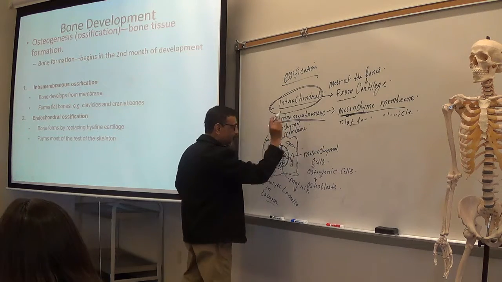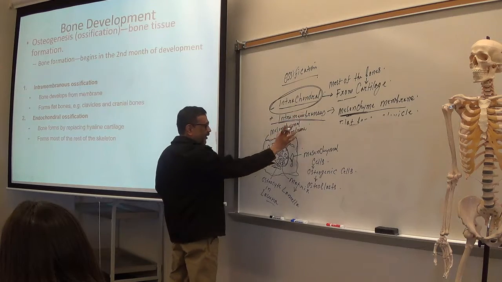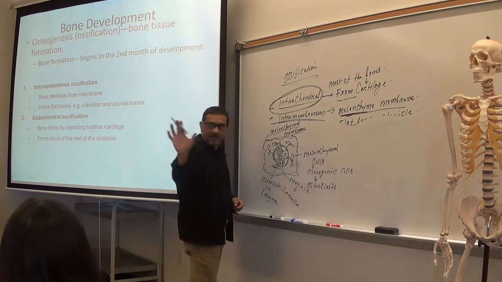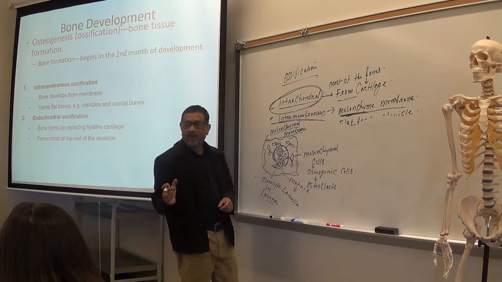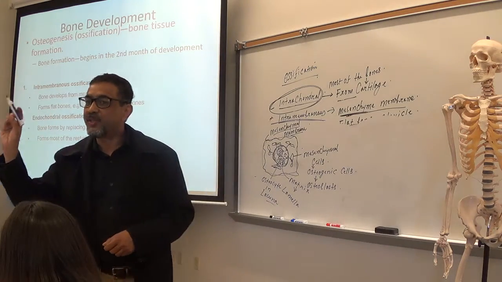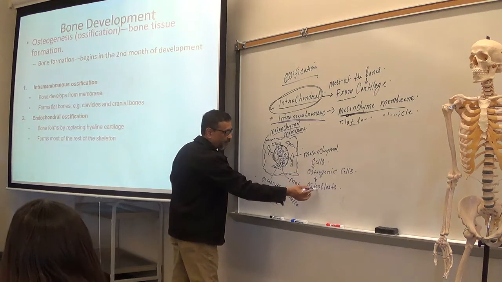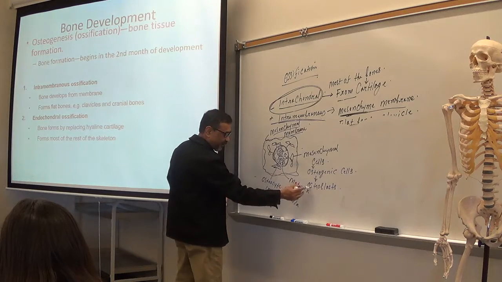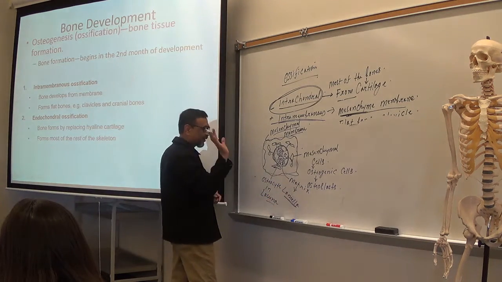Okay. Quickly repeating, intermembranous ossification occurs in a membrane that is called the mesenchymal membrane. Everybody following? Okay. And inside the mesenchymal membrane, you have the embryonic cells, the osteogenic stem cells, and they become osteoblasts. Osteoblasts are healthy cells, secrete matrix, and that matrix becomes hard lamella. Okay?